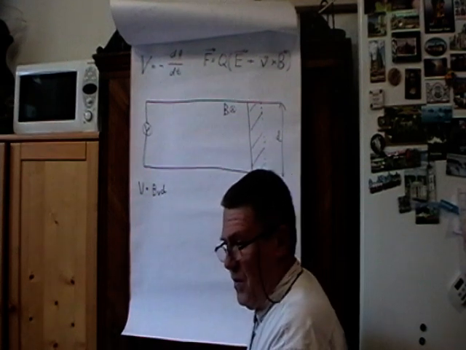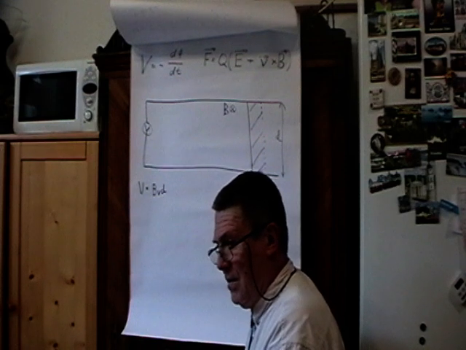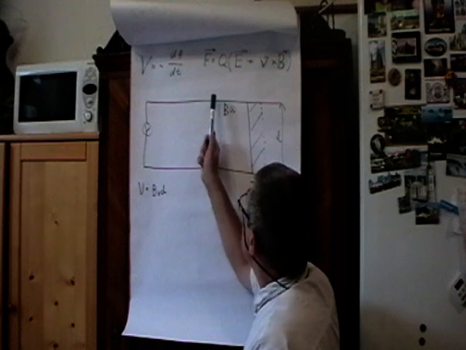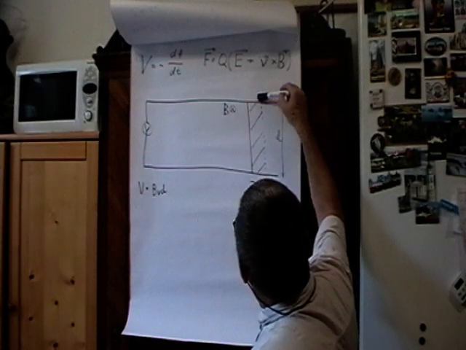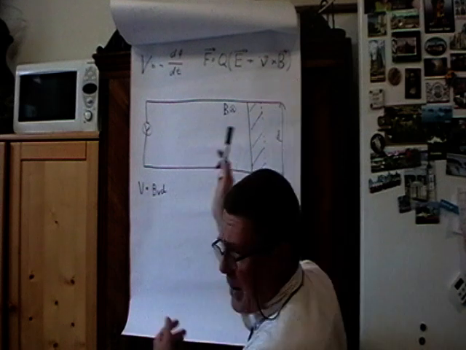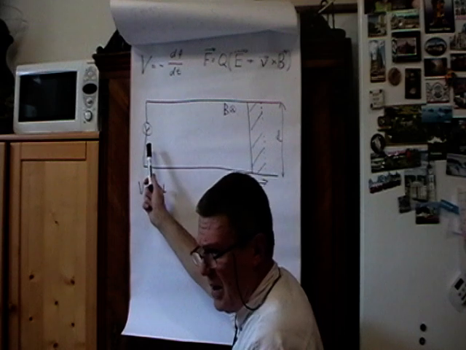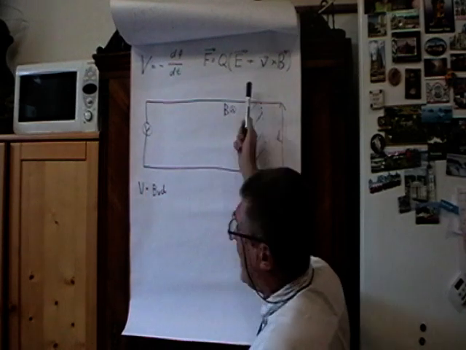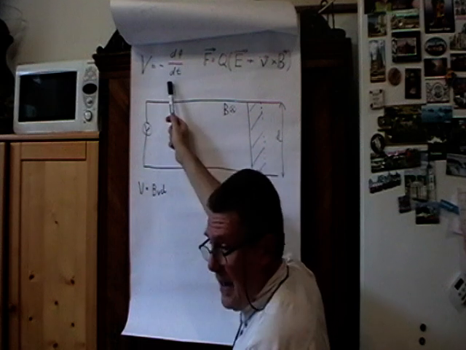But we do not know how that happened. Was the voltage induced into this rail, or was it induced into this short piece of rail that happened to be in the loop? Was it induced to the voltmeter, or was it induced to the stick? There is no clue for that within the integral law.